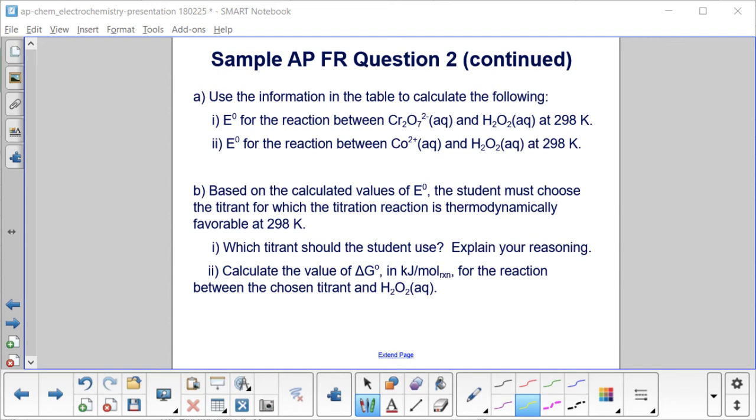Now, part B says, based on those calculated values, the student has to choose the titrant for which the titration reaction is thermodynamically favorable. So, part 1, which titrant should the student use, and explain your reasoning. Part 2, calculate the value of delta G in kilojoules per mole for the reaction between the chosen titrant and the H2O2.